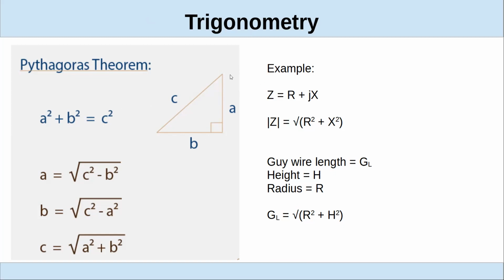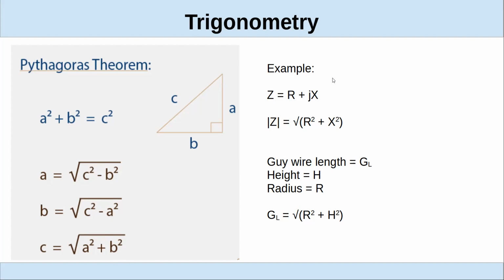And you've probably seen where they show a square here and a square down here and one over there, showing how they relate, to make it easier to remember. But it's just simple algebraic manipulation. So you can solve for A, B, or C, whichever side. And it's always the square root of the sum or difference of the squares of the sides, depending on which one you're looking at. This is one I don't try to remember. I just remember this and derive them.